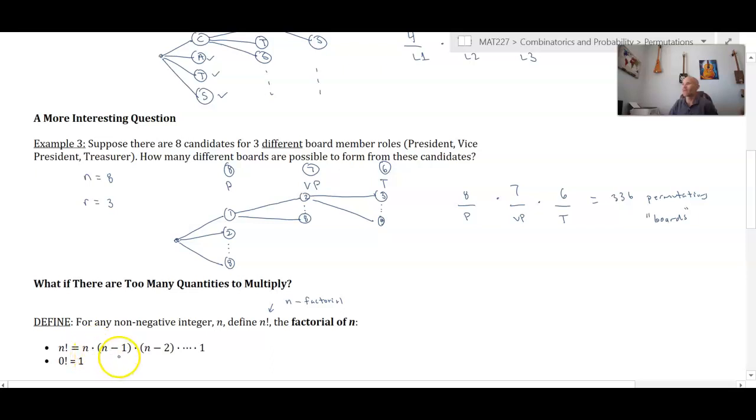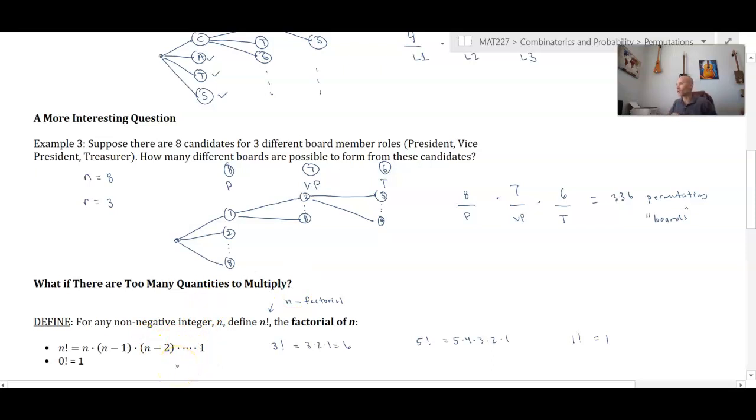So n times n minus 1 times n minus 2, dot, dot, dot, all the way to when we get to 1. So as an example, 3 factorial is 3 times 2 times 1, which is 6. 5 factorial would be 5 times 4 times 3 times 2 times 1. 1 factorial would just be 1 because that's already down to the lowest point.